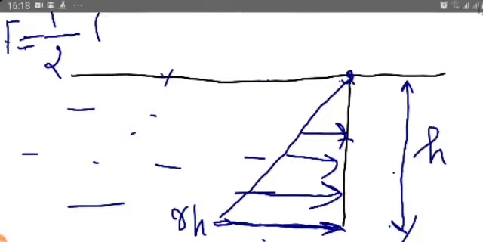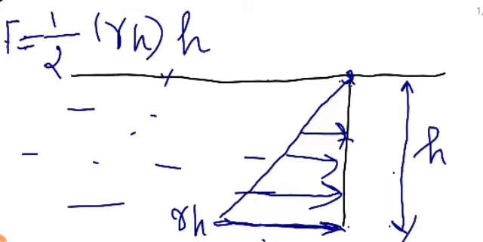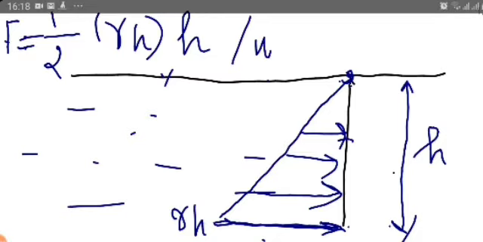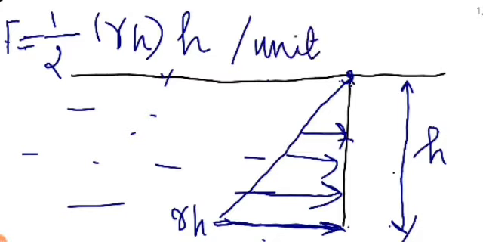Base is gamma h and height is h. Half gamma h square. Now one thing, this is per unit width, we have not taken the width. If we multiply by the width also, you will get the total force. So this is the force per unit width of the plate.